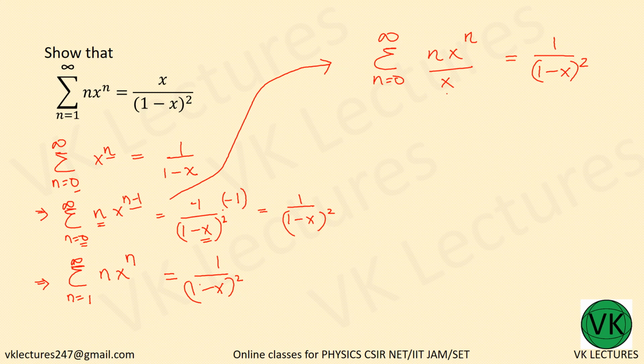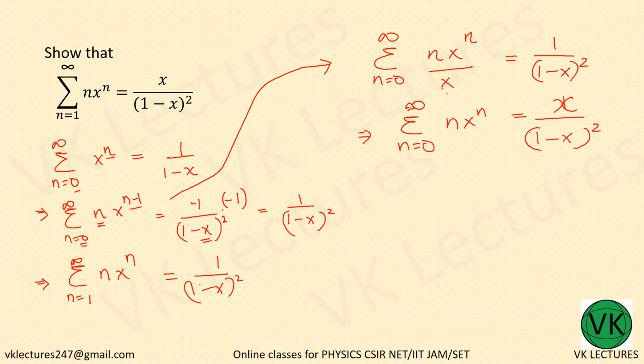Correct? Just multiplying by x and dividing by x, it became n x to the power n. Now this is equal to the sum over n equal to 0 to infinity of n x to the power n, equal to, this x will go to the left, so it becomes x divided by 1 minus x whole square.